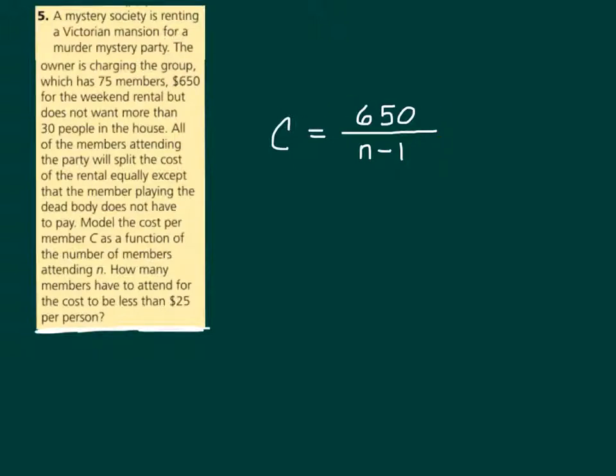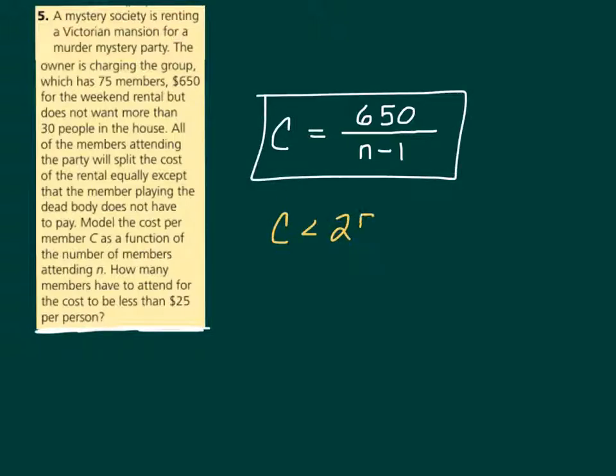We have to use that to determine how many members must attend for the cost to be less than $25 per person. So we want the cost per person. All right, we're finished with the first part. We want the cost per person to be less than 25. So we want 650 over n minus 1 to be less than 25.